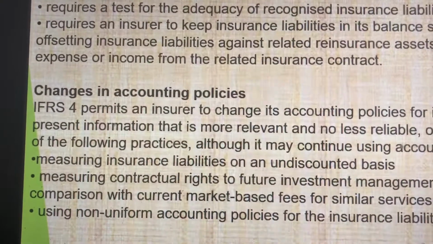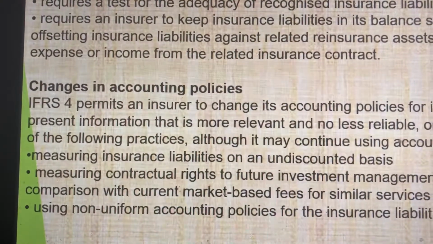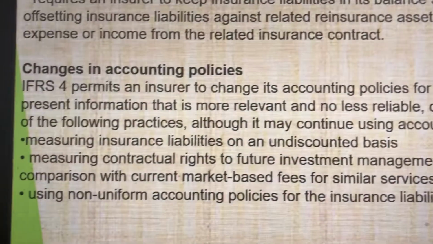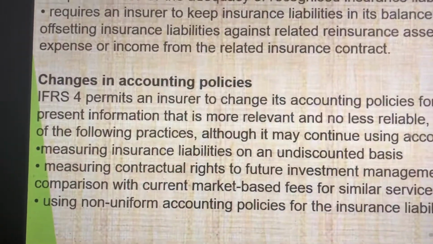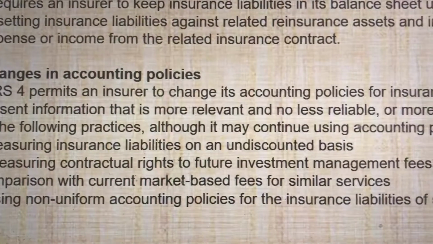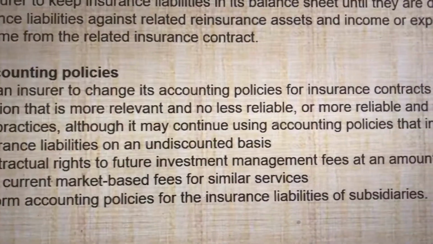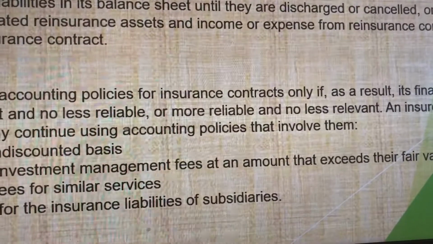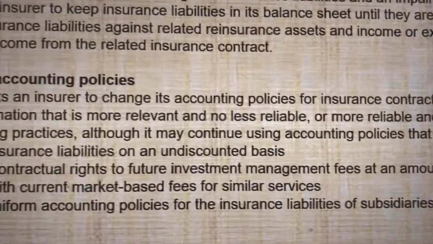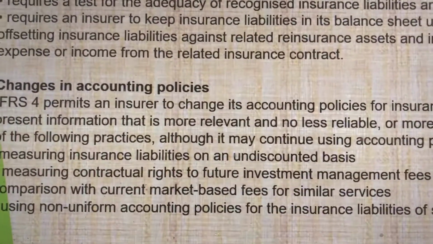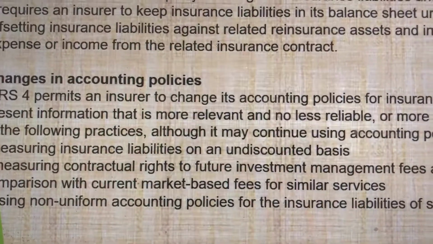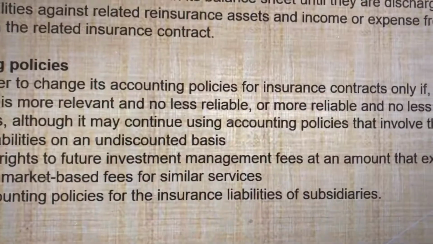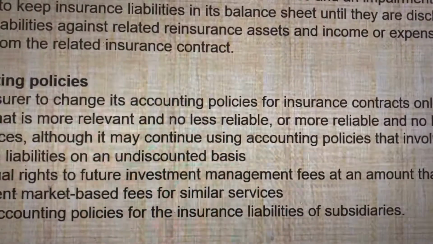Number 1, measuring the insurance liability on an undiscounted basis. 2, measuring the contract rights to future investment management fees at an amount that exceeds their fair value. And lastly, using non-uniform accounting policies for the insurance liabilities of subsidiaries.